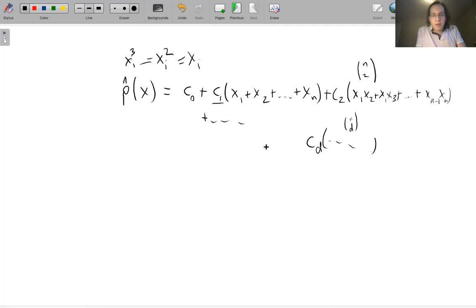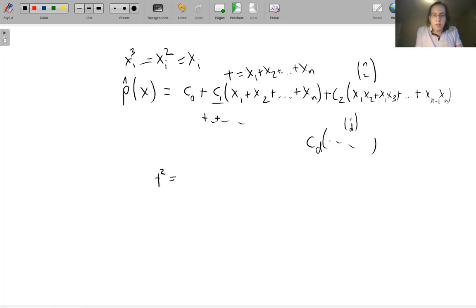So we can write it like this, and if we let t be this sum, then what we notice is that t squared, what is t squared?